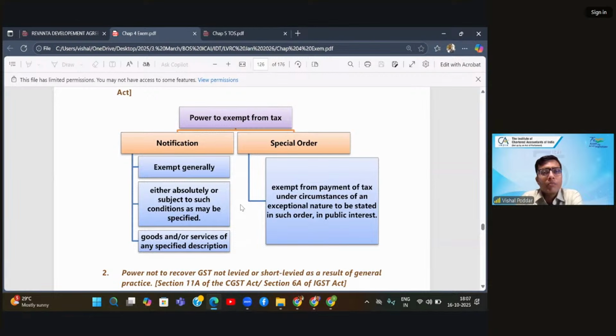But where the exemption has to be given to one-off scenarios, to one specific case, that may not be extended to others, that is by way of a special order, and that is of an exceptional nature. So this is the major difference between a regular exemption and exemption by a special order.